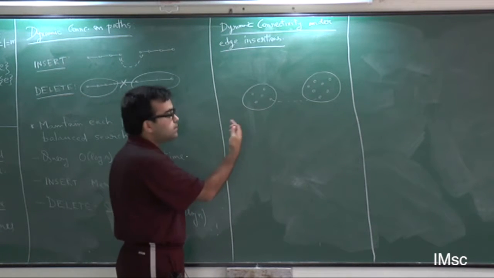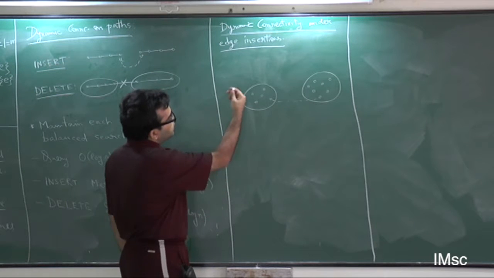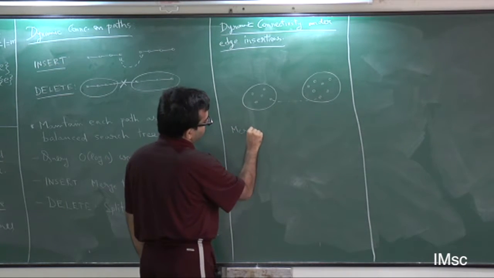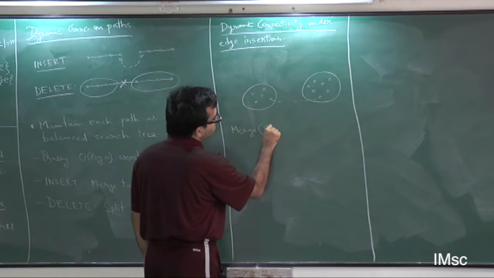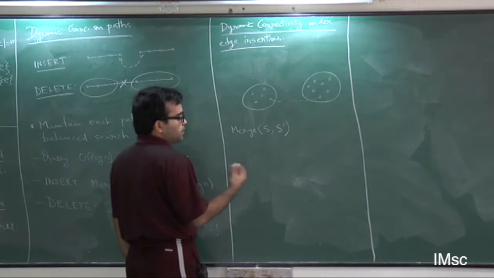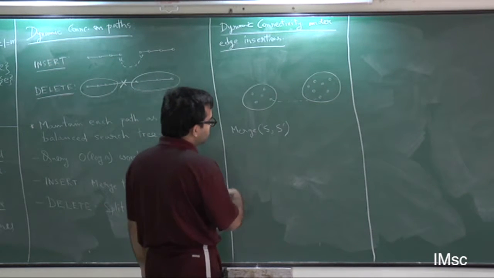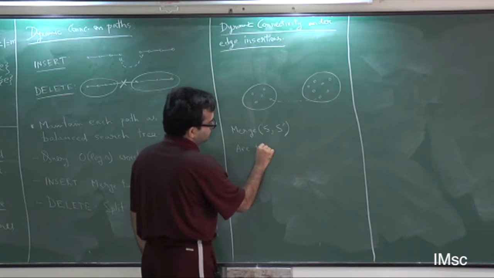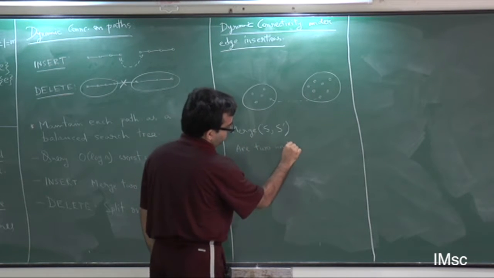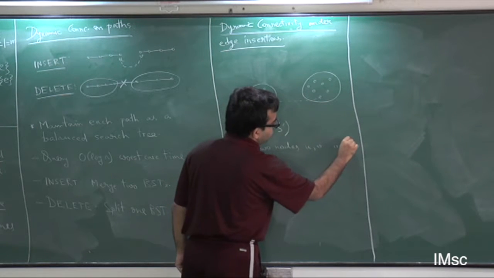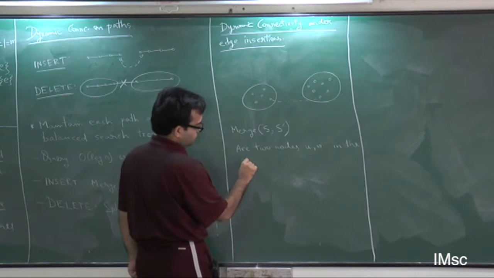So, dynamic connectivity under edge insertion reduces to the problem of merging two sets S and S prime, and the other thing is, are two nodes u, v in the same set.